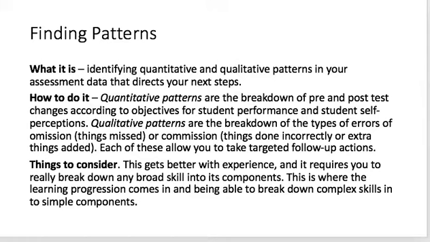The qualitative patterns, though, are the whole why things are happening. Basically, it's a diagnosis that you're making about the problems that students have with any particular objective. So if you have high blood pressure, for example, it could be because you have genetic problems or predispositions.